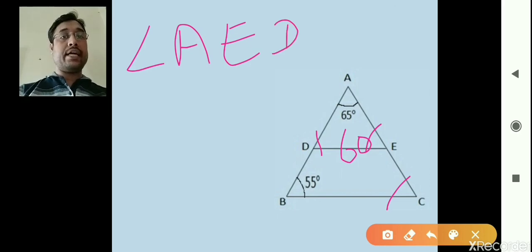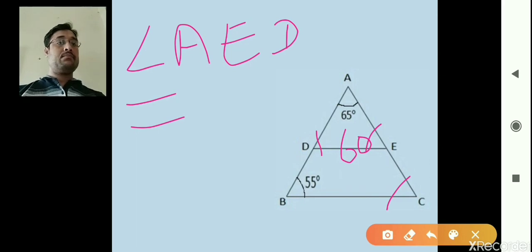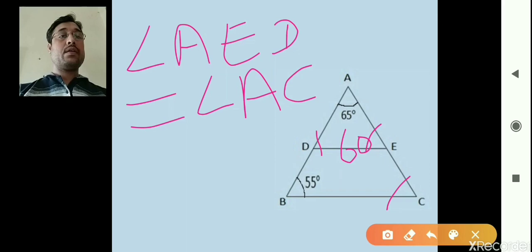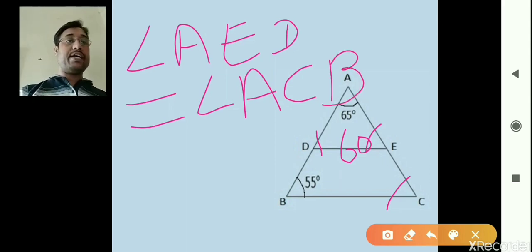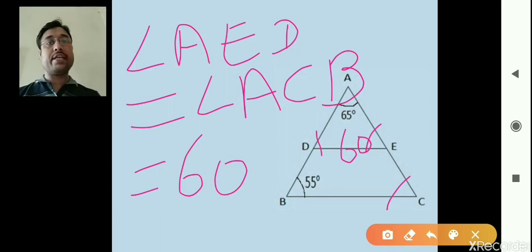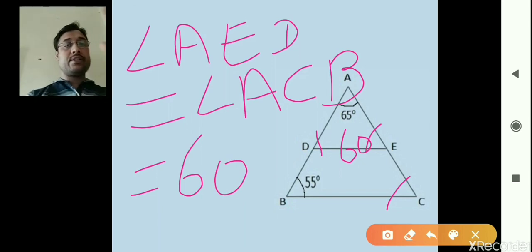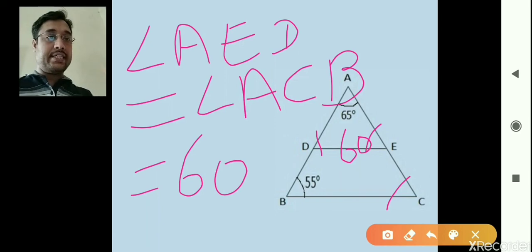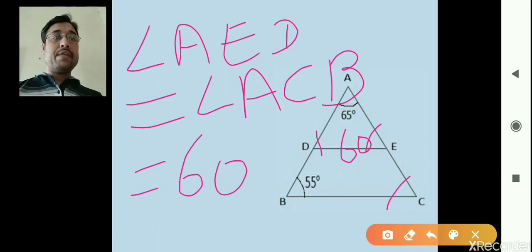Here this angle AED is equal to this angle ACB, and ACB is only angle C. By corresponding angles they are equal. So this is equal to 60 degrees. And what reason will you give? They are corresponding angles. Okay, that's why they are equal, because the transversal is AC, and DE and BC are the parallel lines here.